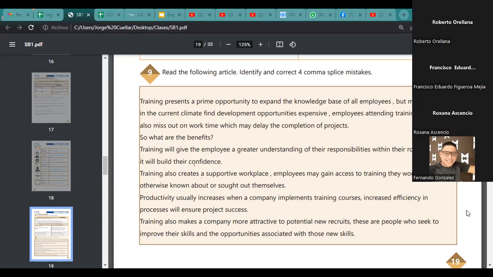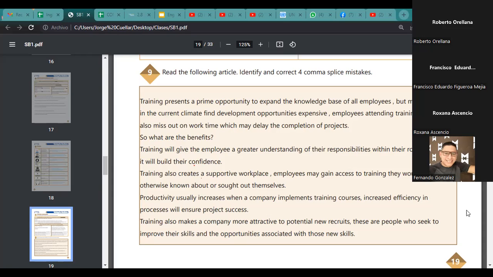Next to expensive. Very good. That's actually the first one, next to expensive. So what should we do there? It could be and. Yeah, that would be better. Comma and employees, comma tenure and training sessions also miss out. Very good.